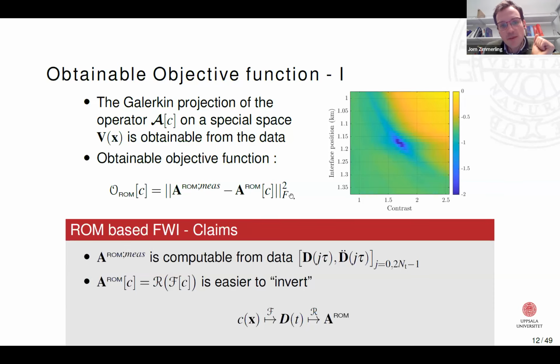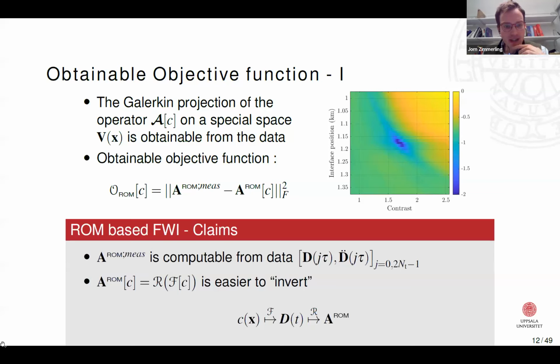And then if we optimize this distance between the reduced order model that we measure and the reduced order model that we simulate, we get an objective function for our layer case that looks quite nice. It doesn't look as nice as optimizing C minus C, of course, but the important difference is it is obtainable. It has one minimum, and you will find it from almost all starting locations.